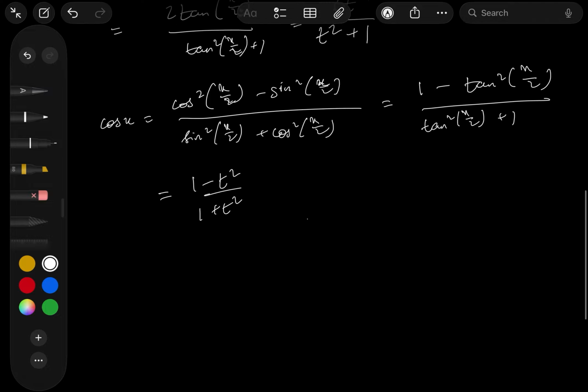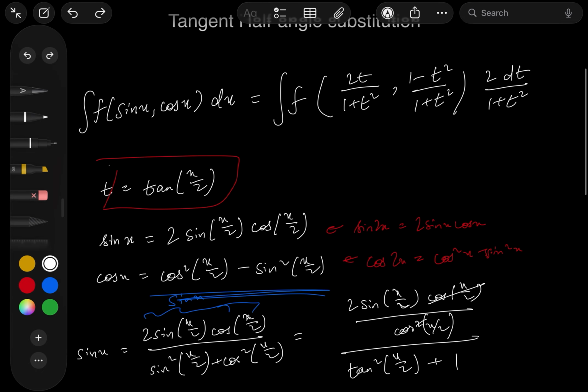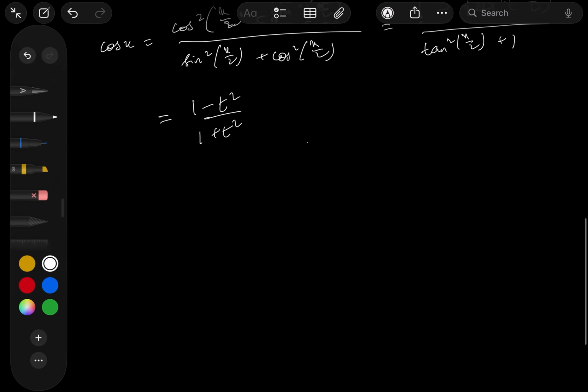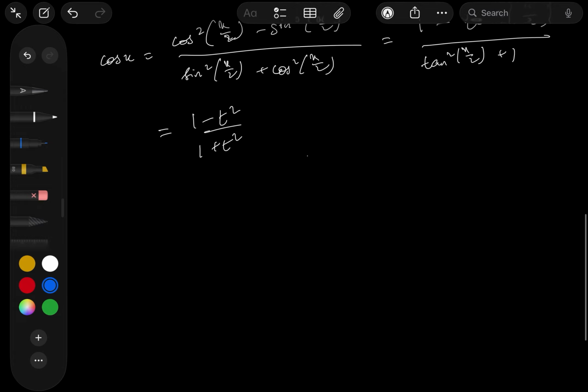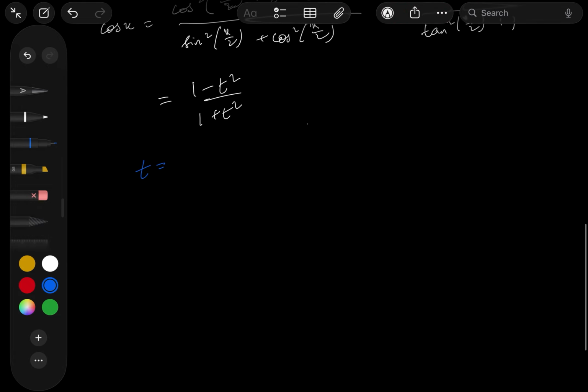Now, the final thing that we have to do is, of course, when we want to substitute this in our integral, we'll need to find dx in terms of dt. So let's go ahead and do that. We take t is equal to tan of x by 2.